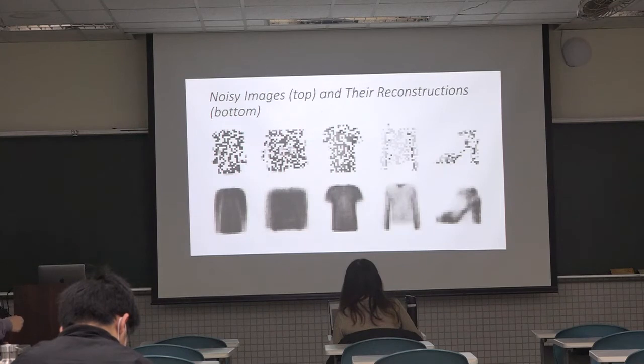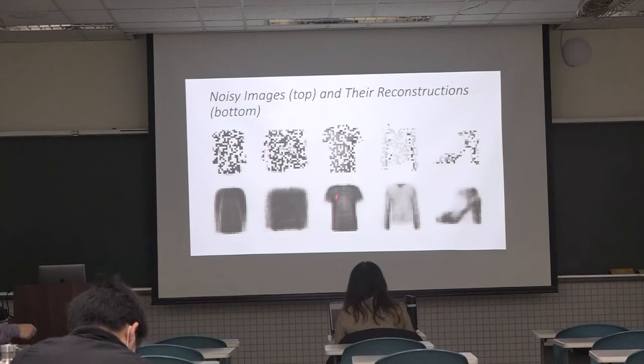The top one looks like a coat, with 50% of the pixels dropped, and our autoencoder is able to reconstruct the original input. Same thing applies to this, which is like a coat, this is a T-shirt, this is a long sleeve dress, and a high heel. You can see the image actually gets dropped very terribly, right?